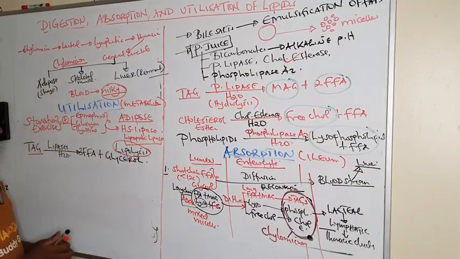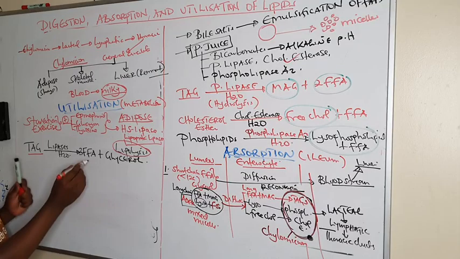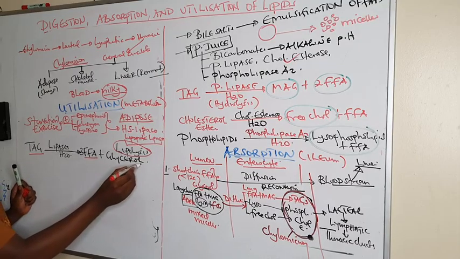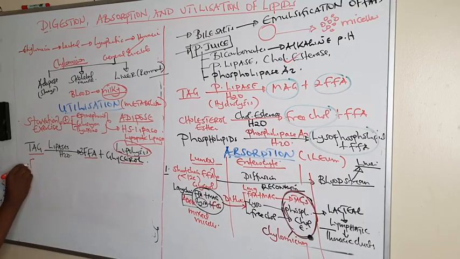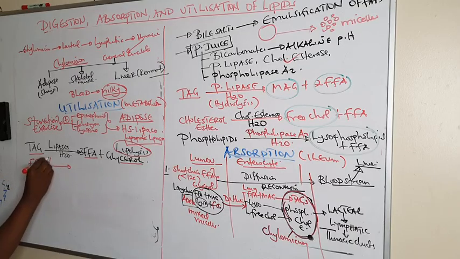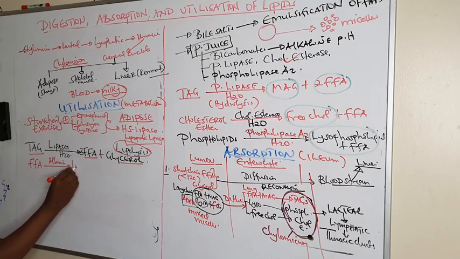So after getting these products, that is free fatty acid and glycerol, the free fatty acid, which is produced as a product, is transported bound to albumin and taken to the liver and skeletal muscles.